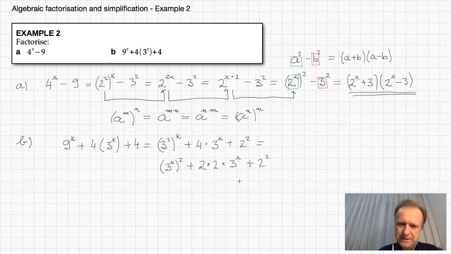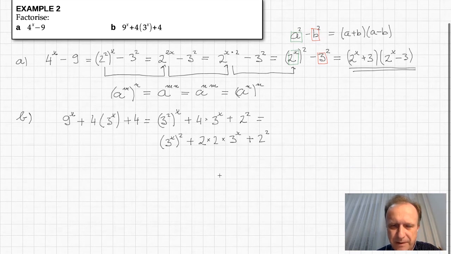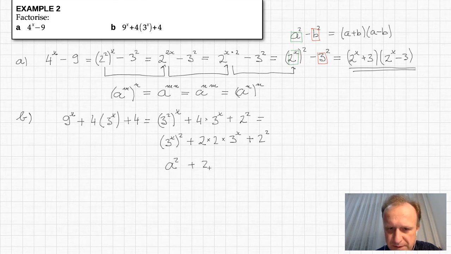Now, if you look at this, it might seem familiar. There is a formula in algebra that says that a squared plus 2 times a times b plus b squared is simply a plus b all squared.